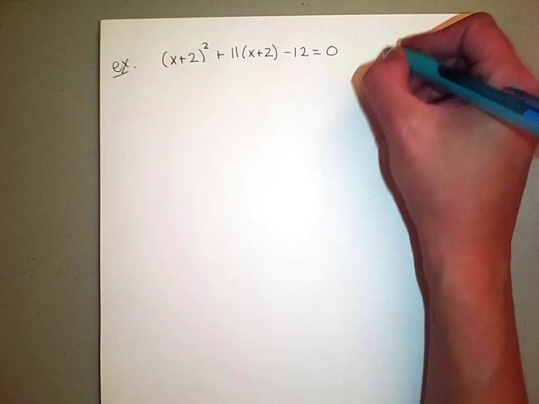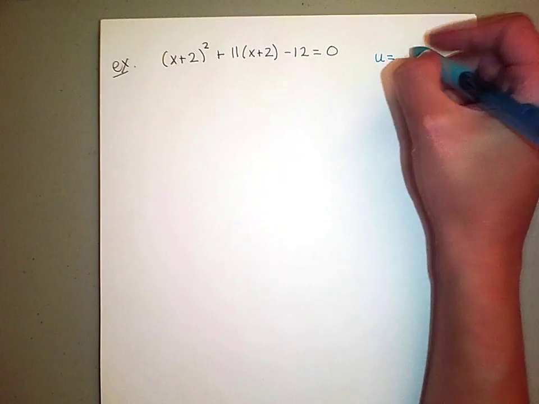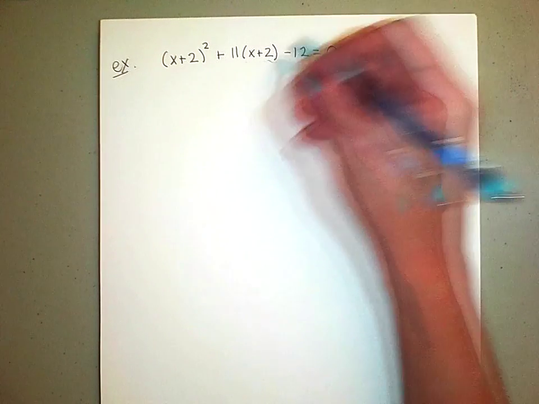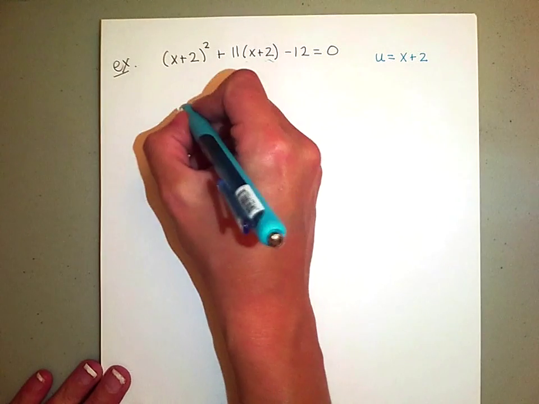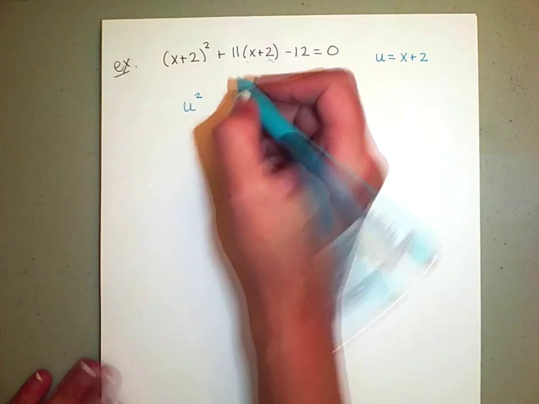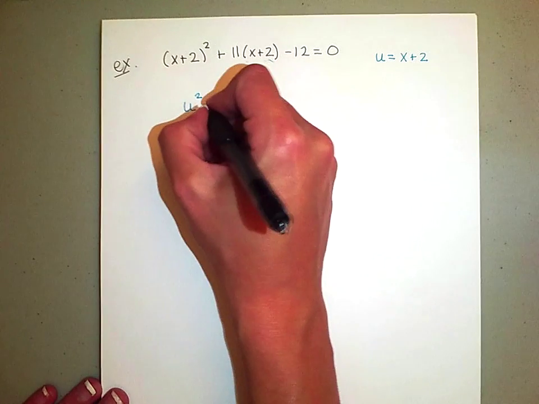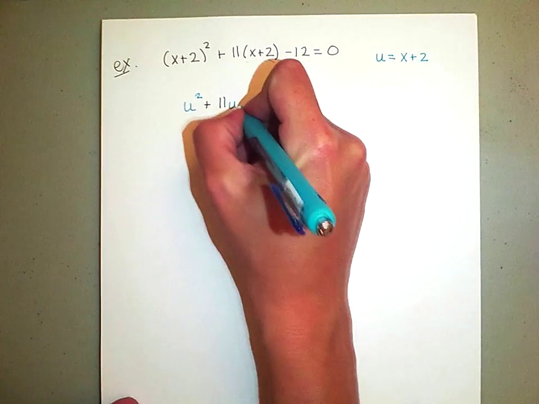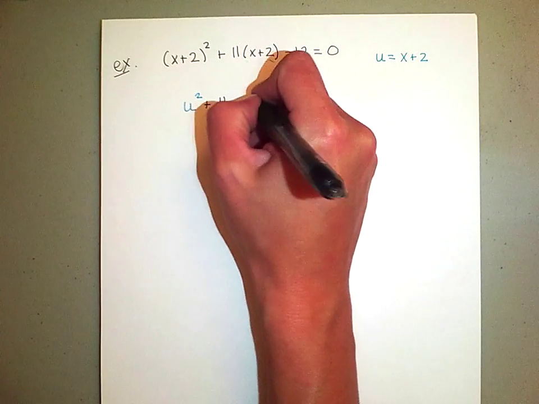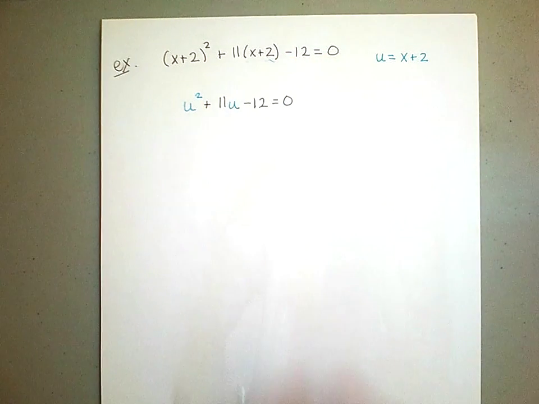We could again do a u substitution. If we let u equal x plus 2, then I could rewrite this as u squared plus 11u minus 12 equals 0.